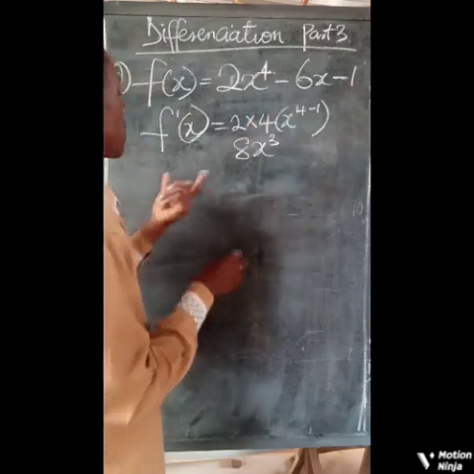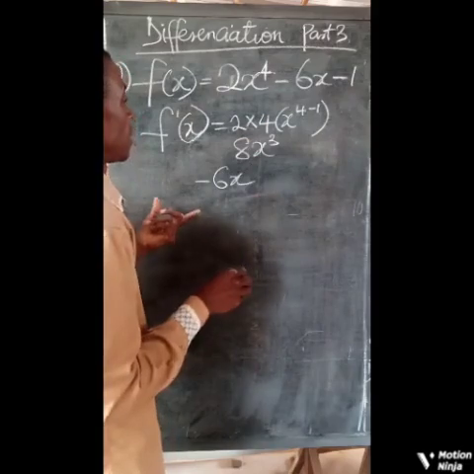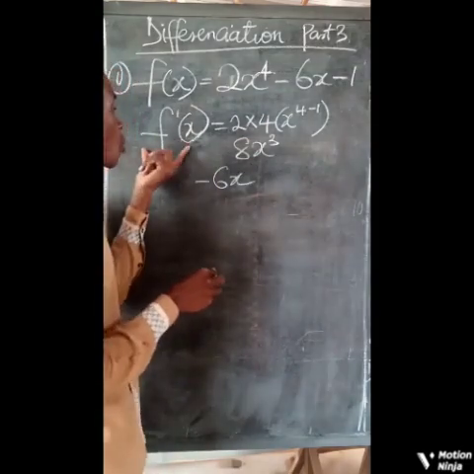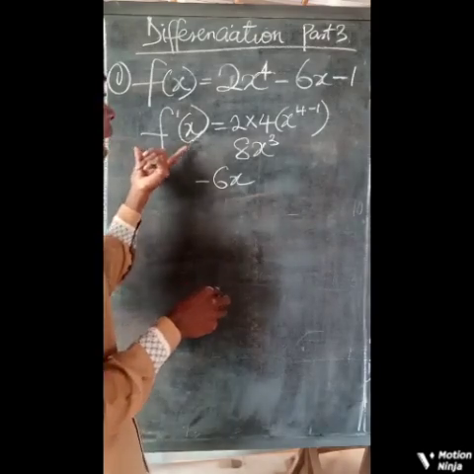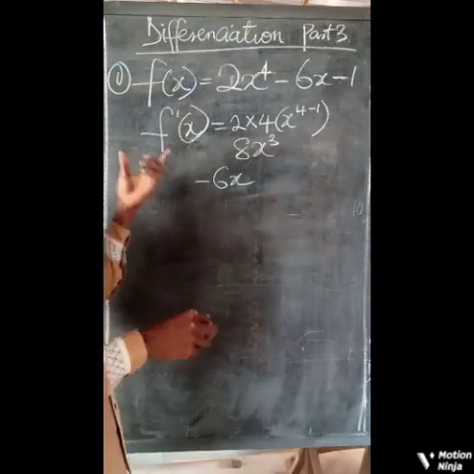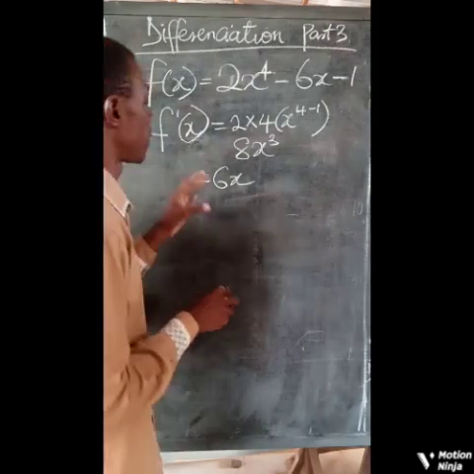The second term here is minus 6x. So dy/dx of this, which also stands for differentiating y in terms of x. Now in this case we have negative 6x.